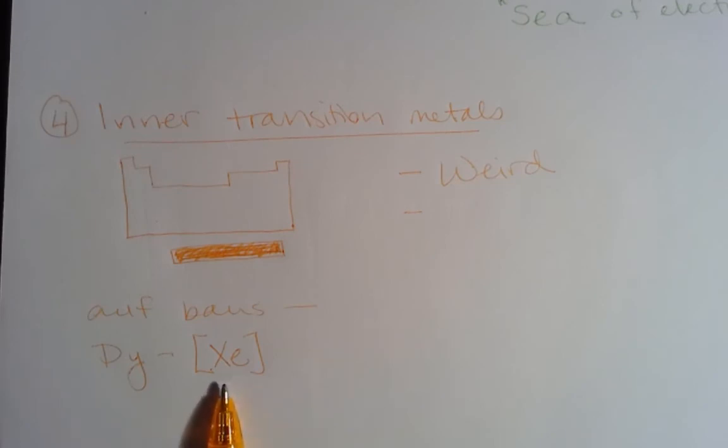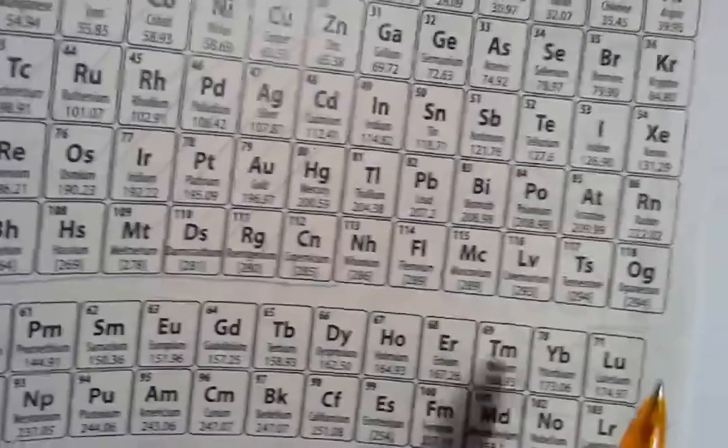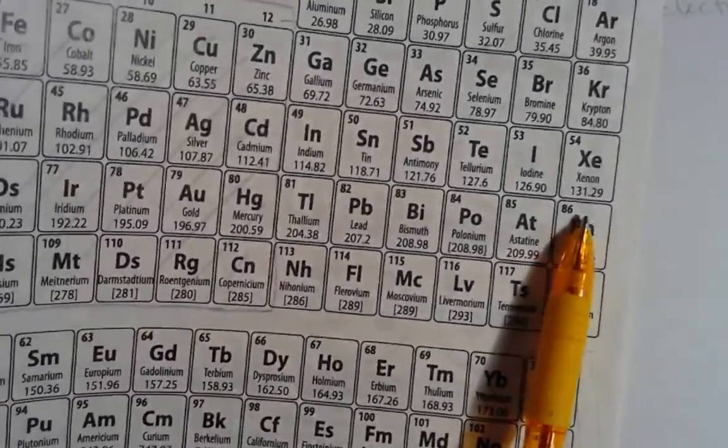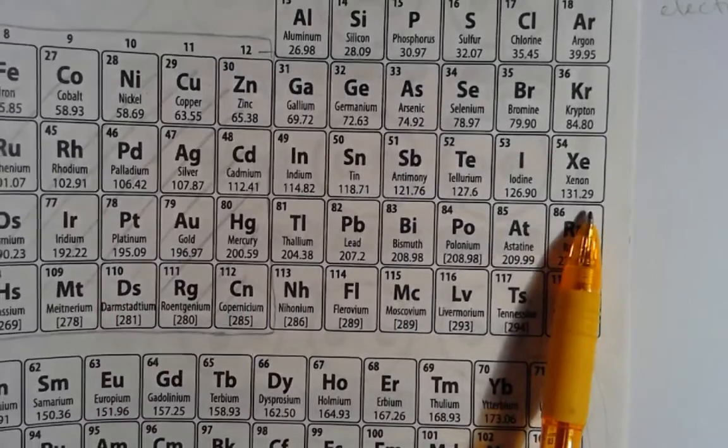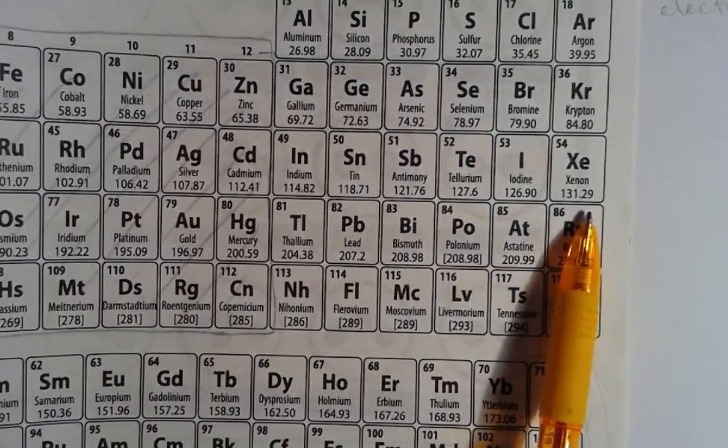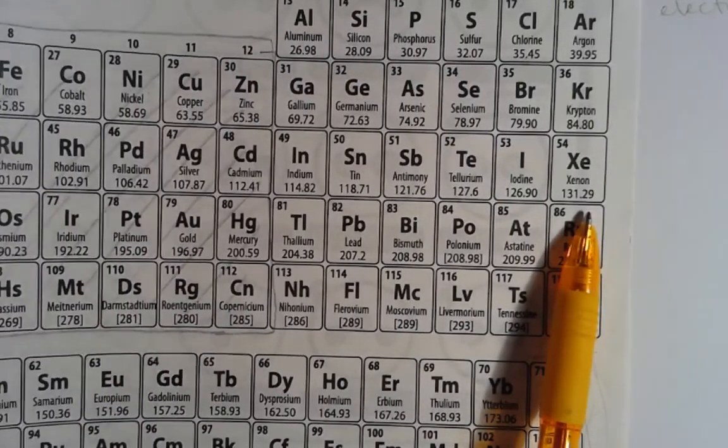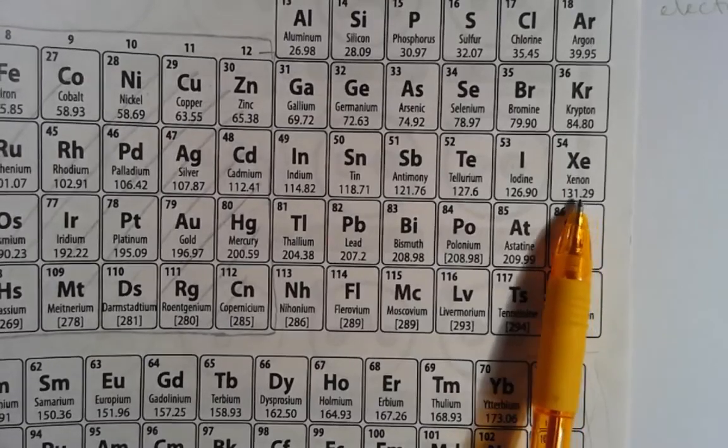Some of these really big floppy noble gases, xenon's huge, it's got a full 5p. Xenon's a little bit more flexible than the other noble gases, but it's still a core. It's still basically impervious to anything. Xenon will bind with fluorine, which makes it very risque for the noble gases. Okay, so there's your noble gas core.